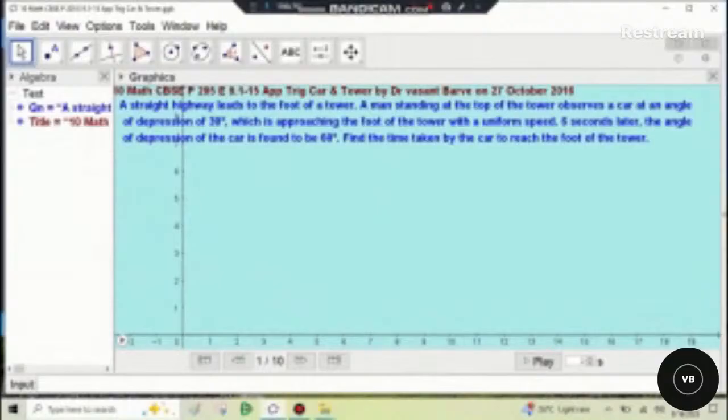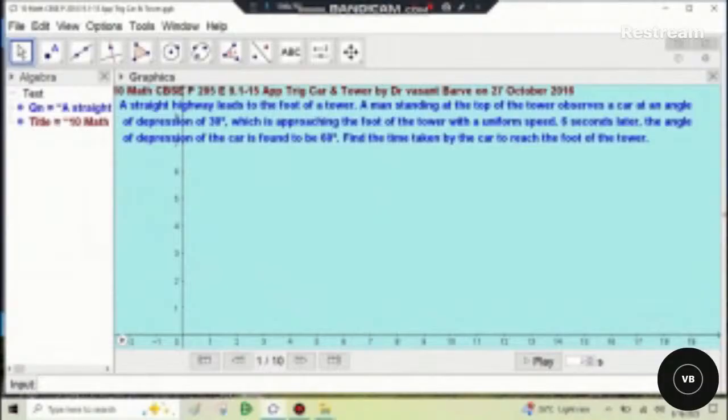Car is approaching the foot of the tower with a uniform speed, and 6 seconds later, the angle of depression of the car is found to be 60 degrees. Find the time taken by the car to reach the foot of the tower.